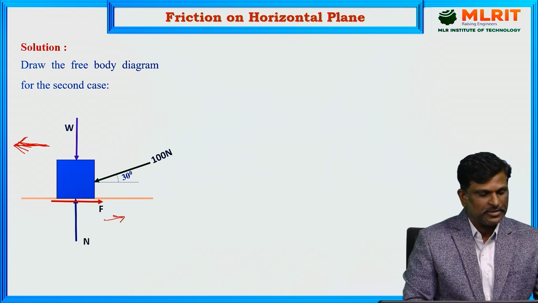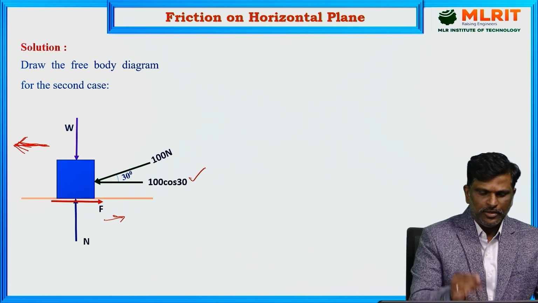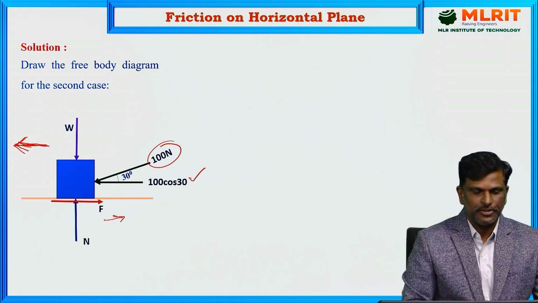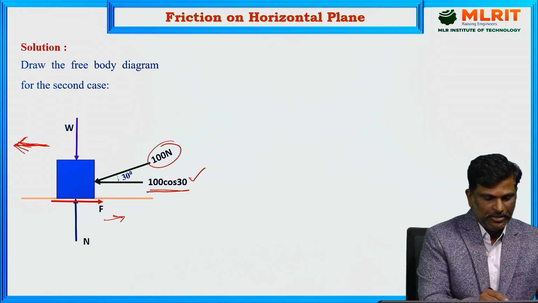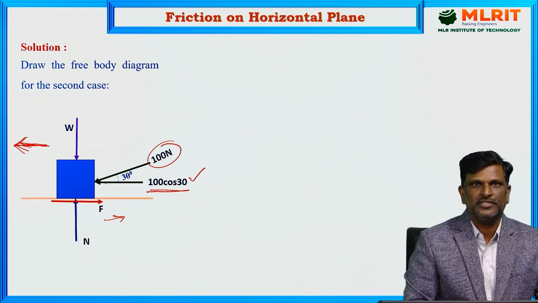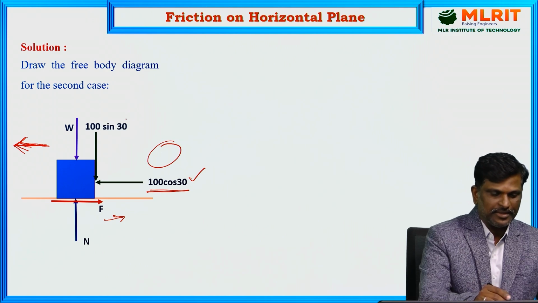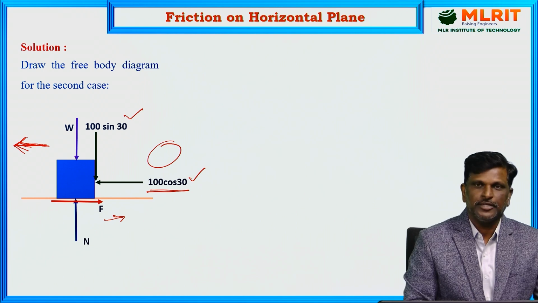Now apply the static equilibrium equations for this case. The 100 newton force can be split into two mutually perpendicular components: 100 cos 30 towards left is the horizontal component, and 100 sin 30 downwards is the vertical component.